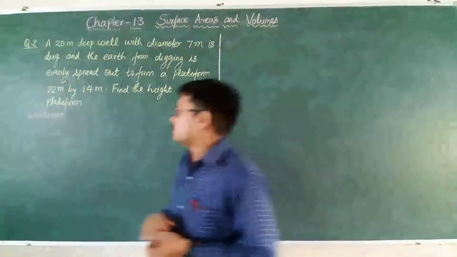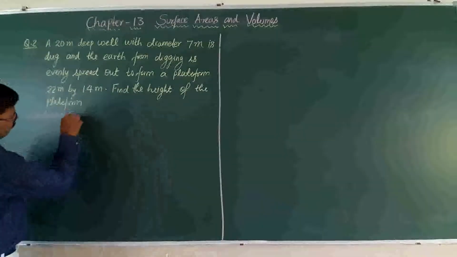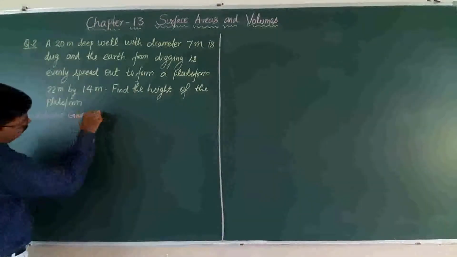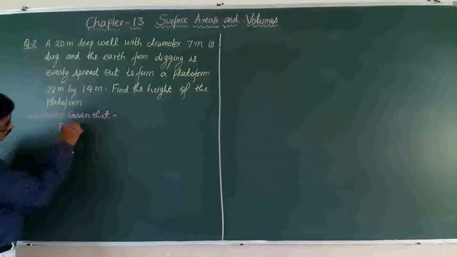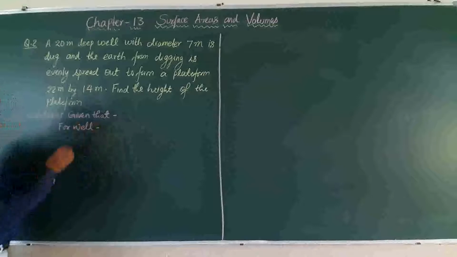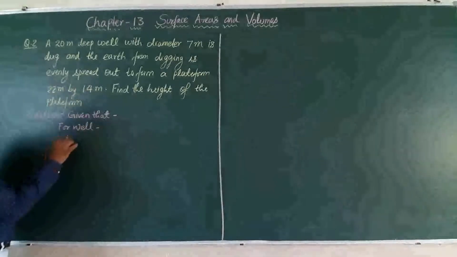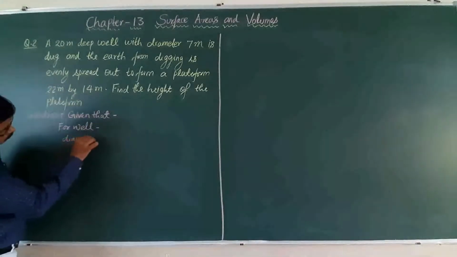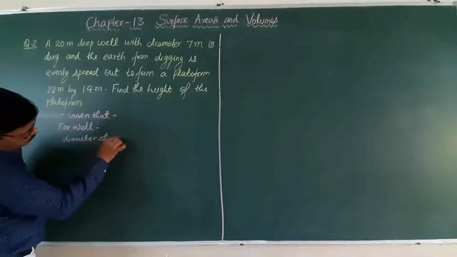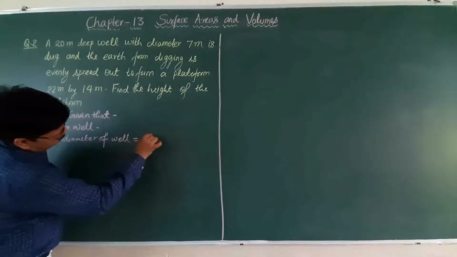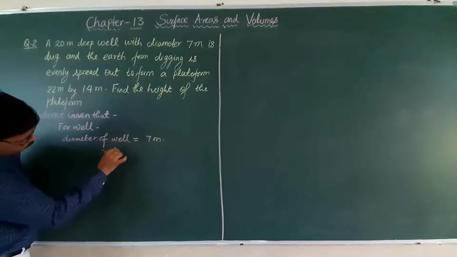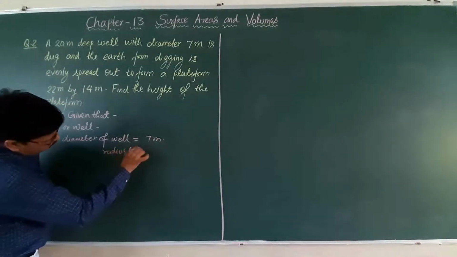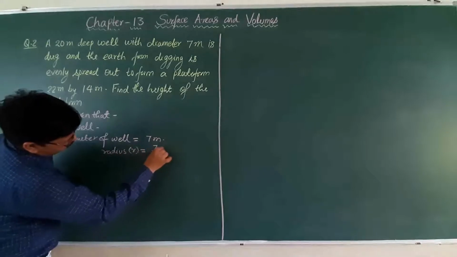See, given that for the well, the diameter of the well is 7 meter, so the radius r is 7 by 2 meter.